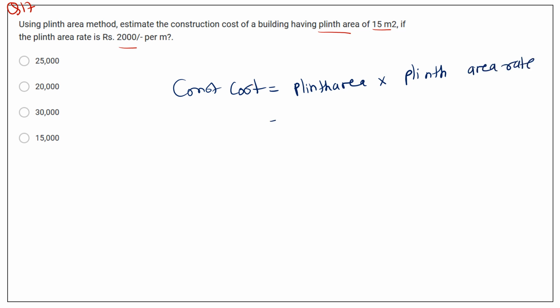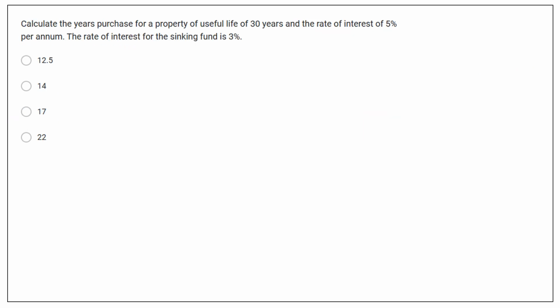So here 15 meters square is the plinth area and 2000 is the plinth area rate. So the cost is 30,000. So here option number C is correct, 30,000. Then next question. Question number 18.